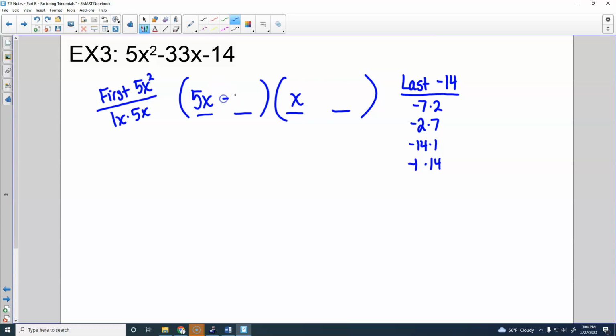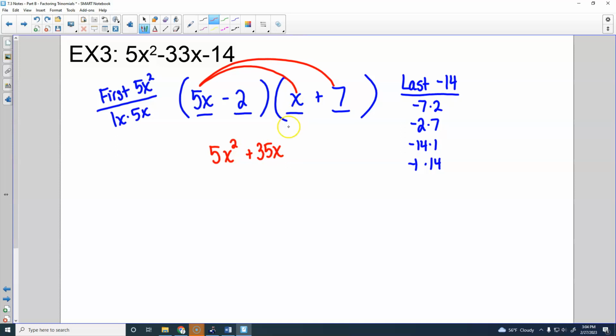Negative 2 and 7, so negative 2, positive 7. All right, we're going to check to see if this works. So 5x times x is going to be 5x squared. Then we'll get 5x times positive 7, which is going to give us positive 35x.